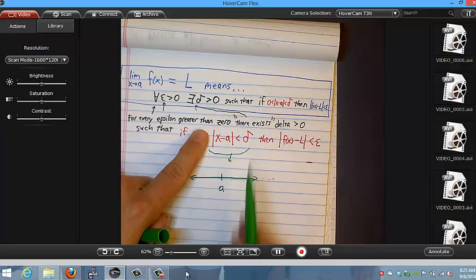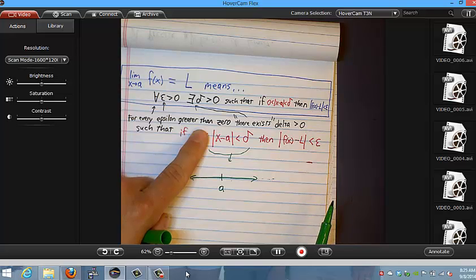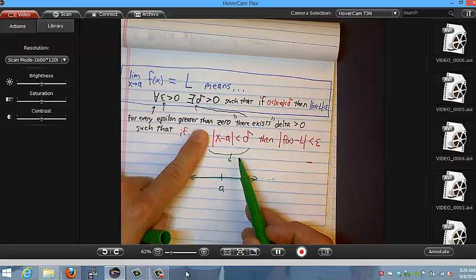So why get all crazy about this definition? Because what does it mean to approach something? That's what this definition captures. Again, this inequality says that the center is A, and it says that the distance away from A is less than what? Yeah, this little delta, right? So you have to picture this.